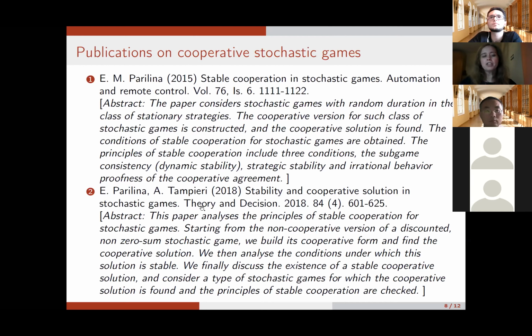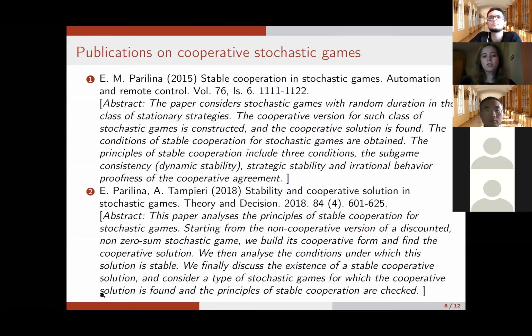In the next publication, co-authored with Alessandro Tampieri, we consider discounted infinite horizon stochastic games, and we build a cooperative version of the game and analyze the conditions under which the cooperative solution is stable.